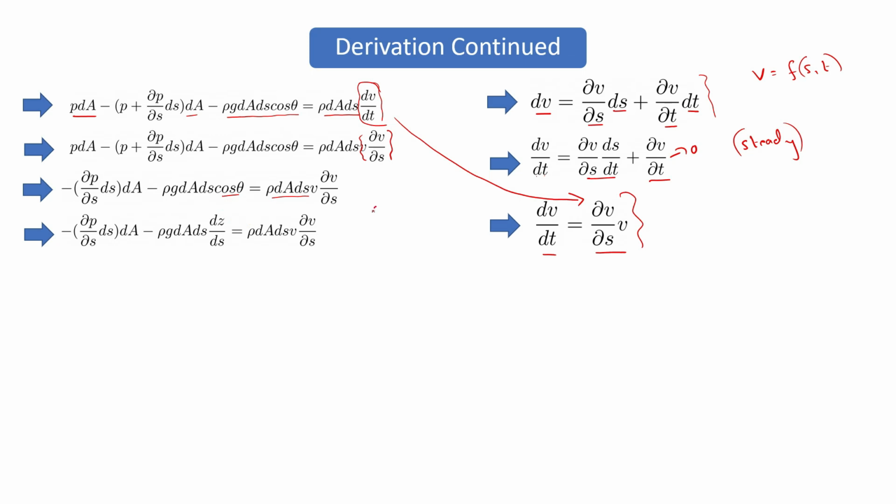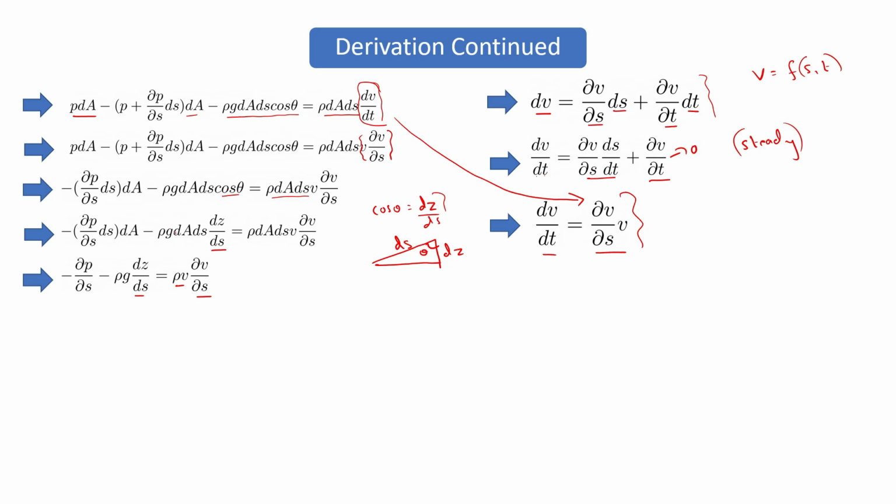And cos θ you can write like this, dz/ds, because the triangle was like this, θ, and here it is ds. So when you substitute that here, you will get minus ∂P/∂S minus ρ g dz/ds is equal to ρ V ∂V/∂S.